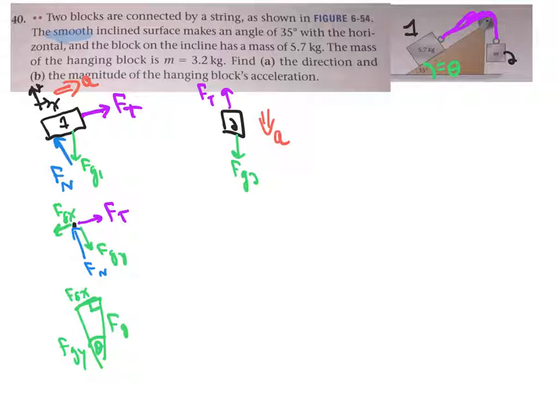It's worth you convincing yourself that we can just move the angle over that way. All right, that lets us say that FGX is FG sine theta, and FGY is FG cos theta, and that comes from just defining sine theta and cosine theta using this triangle.